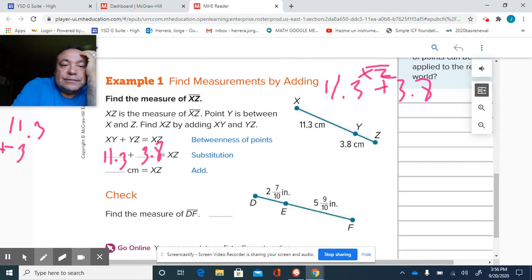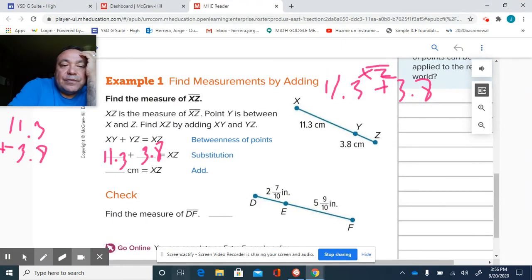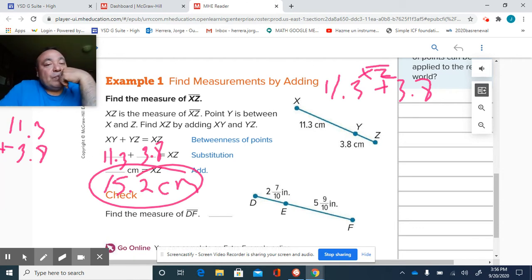Okay, so you get 11 here. Oh boy, it's not working out for me. So it's going to be 15.2, guys. Okay, so it will be 15.2 centimeters. You see that? Isn't that cool?